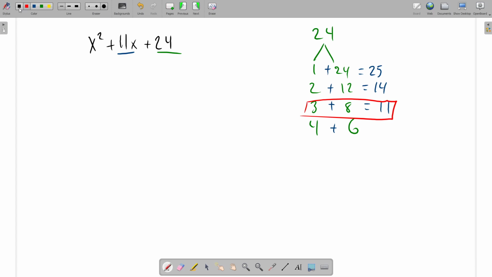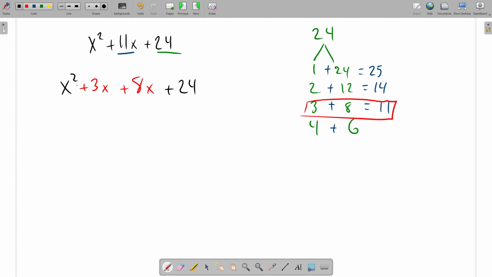So we're going to use this 3 and this 8. Instead of writing 11x, we're going to rewrite it as 3x and 8x. So we take our b term and we break it apart into the two factors for c that add up to make that b term.